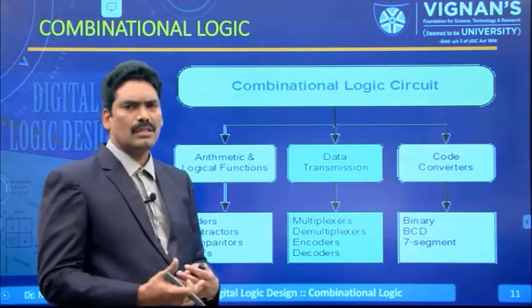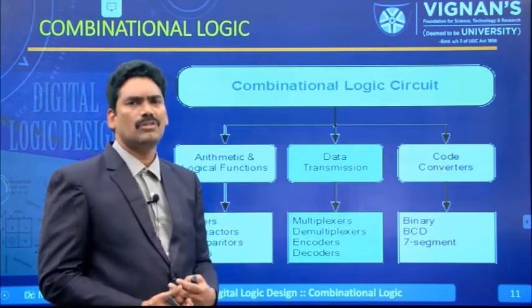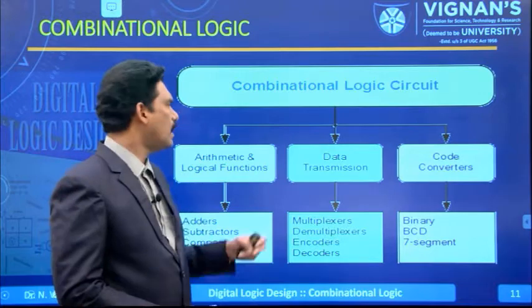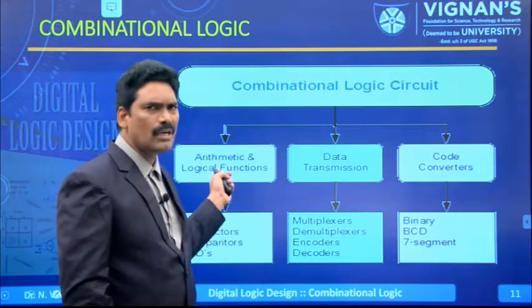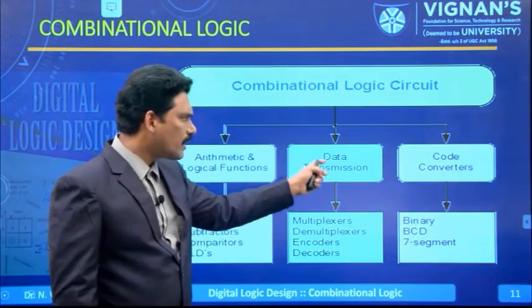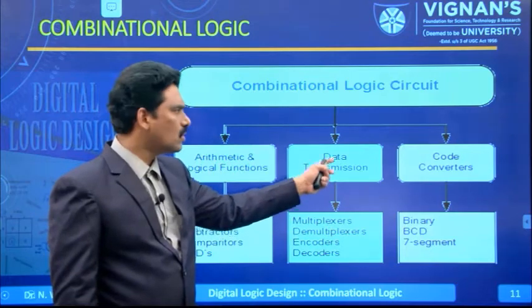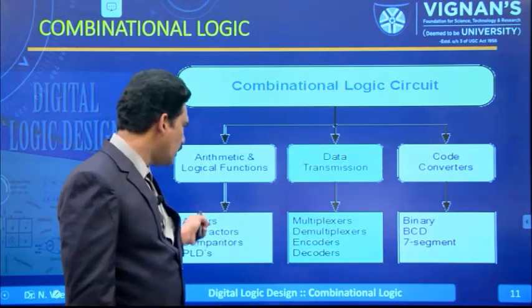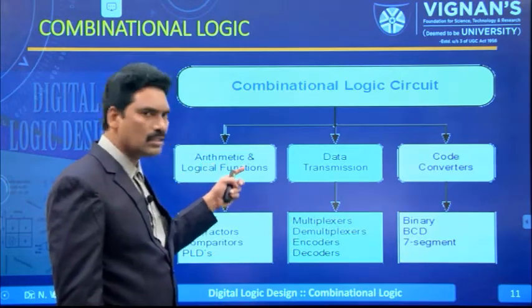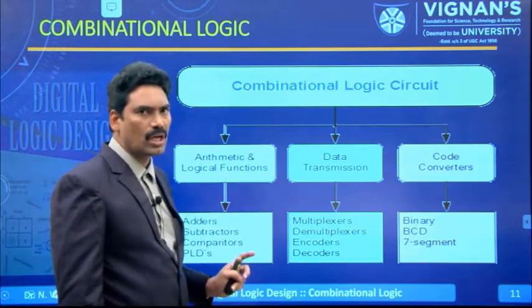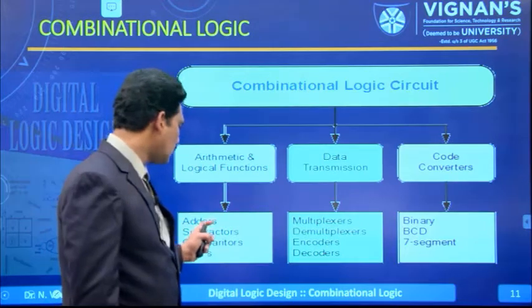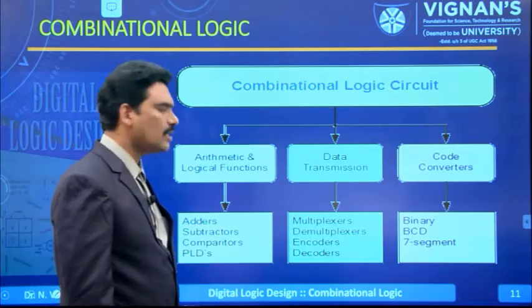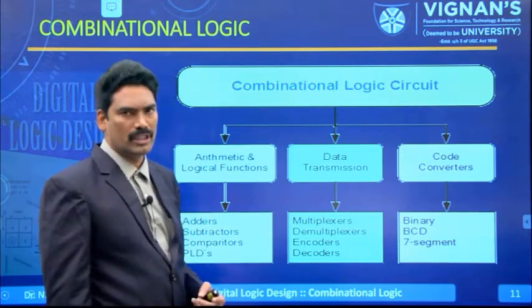What are the various categories of combinational circuits? Arithmetic and logic combinational circuits, data transmission combinational circuits, and code converters. The examples of arithmetic and logic combinational circuits are adders, subtractors, comparators, and PLDs, programmable logic devices.